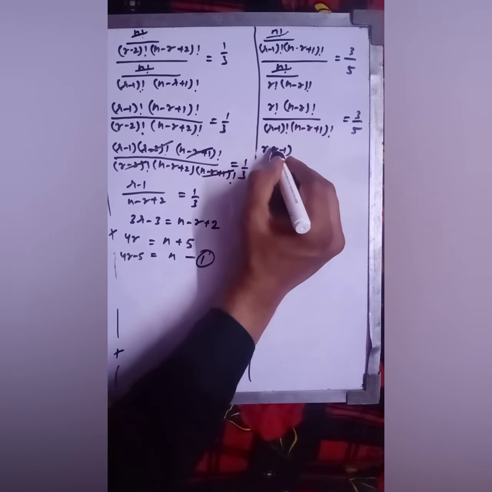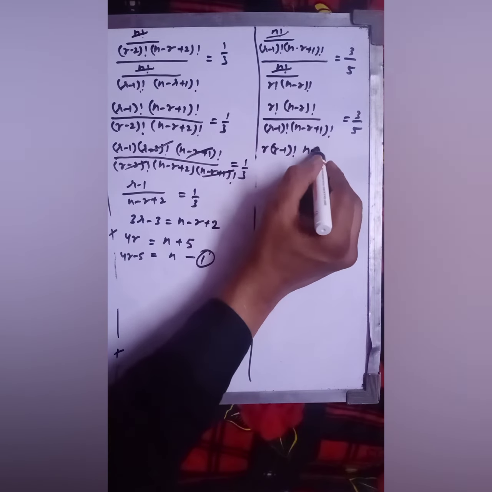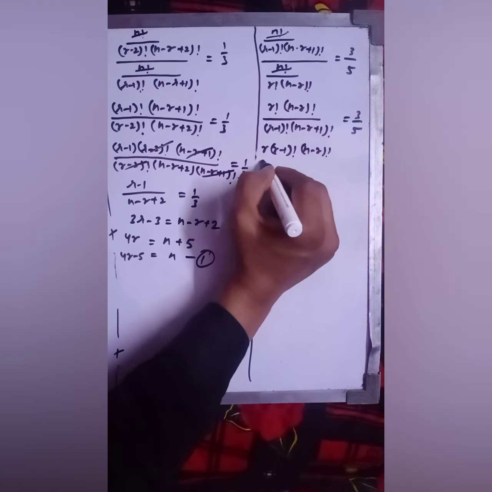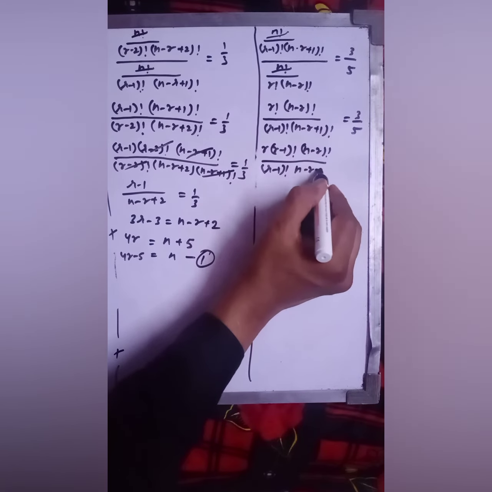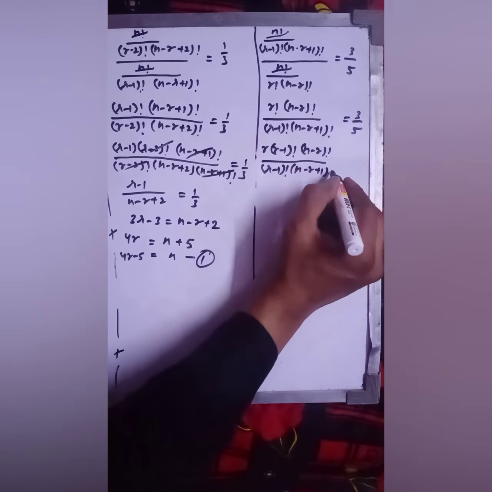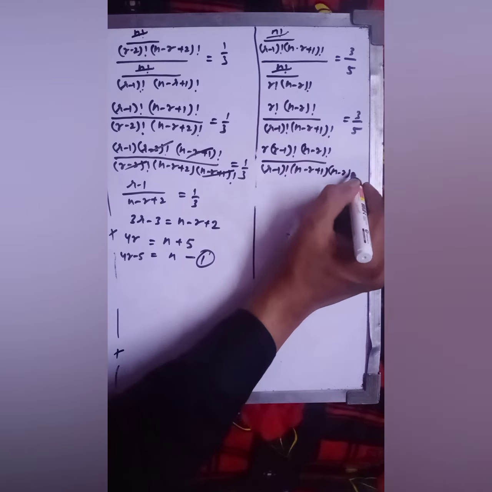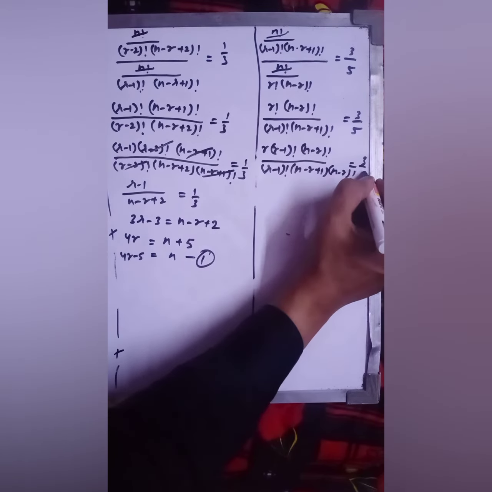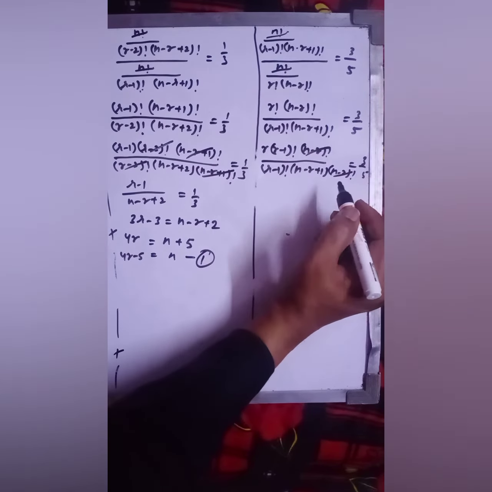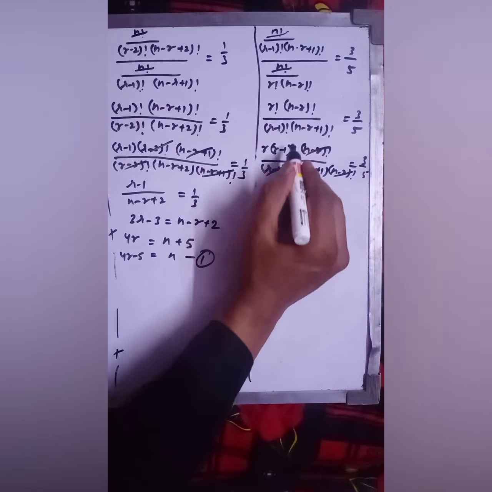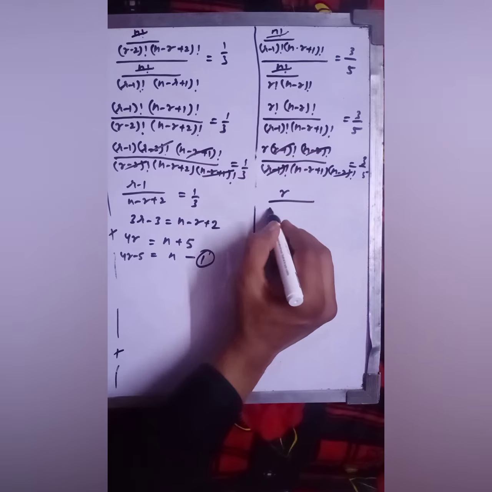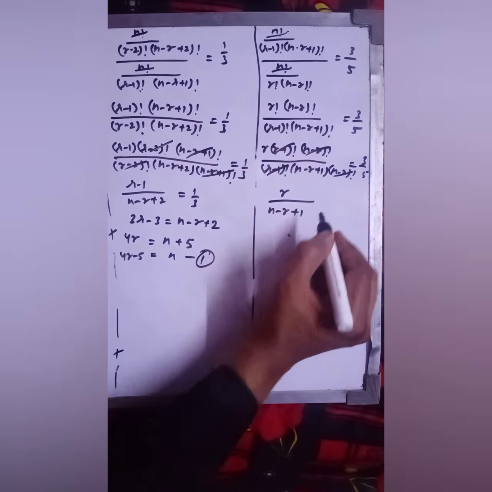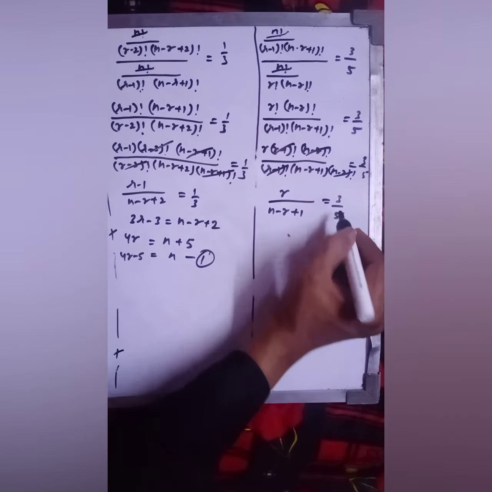Next term would be n minus r factorial over r minus 1 factorial n minus r plus 1, and next term would be n minus r factorial, that is equal to 3 by 5. So n minus r will cancel out, r minus 1 will cancel out, and you will get r over n minus r plus 1, that is equals to 3 by 5.